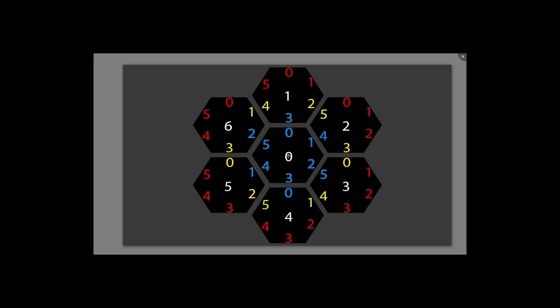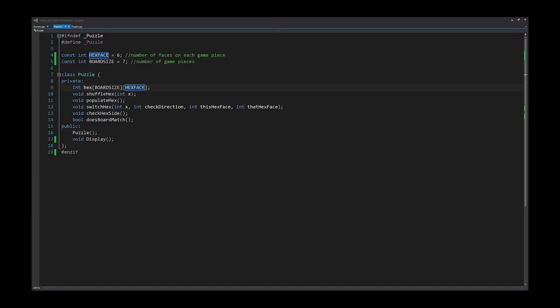So hex 00 would correspond with this side right here, and hex 13 would correspond with this side here. So I would need to make sure 13 matches with 00, and so on. Now that we've gotten which parts of the array need to match up with which other parts, we can look back at that whenever we need.